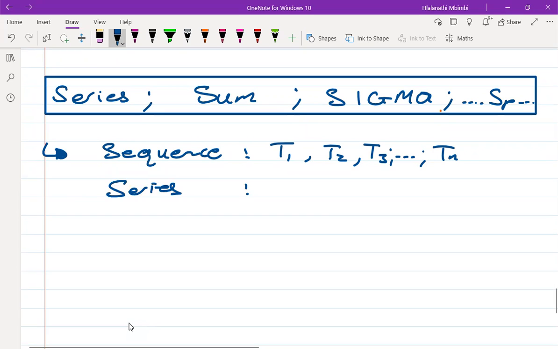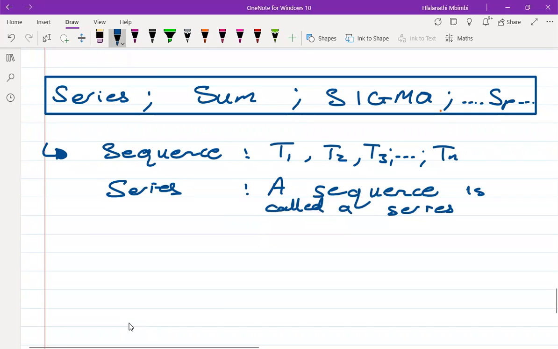By definition, a sequence is called a series when the terms are being added.